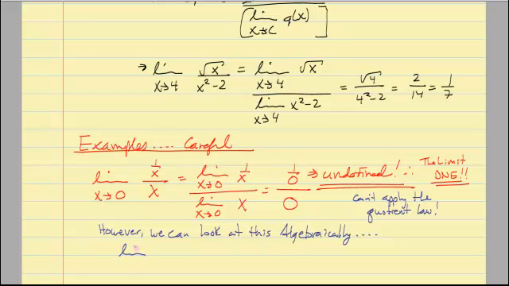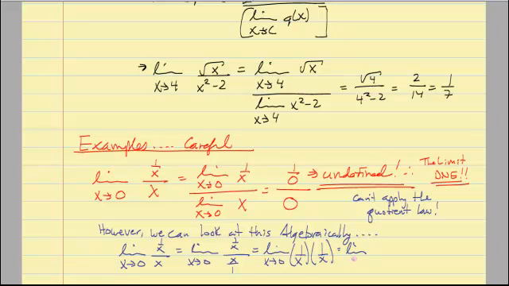So let's go ahead and look at the limit as x approaches 0 of (1 over x) over x. Let's look at this as a rewrite. Algebra, algebra, algebra. x is the same as x over 1. When you divide by a fraction, you're multiplying by the reciprocal. So I have 1 over x in my numerator, and then this value of x over 1 in the denominator flips to leave me with 1 over x.